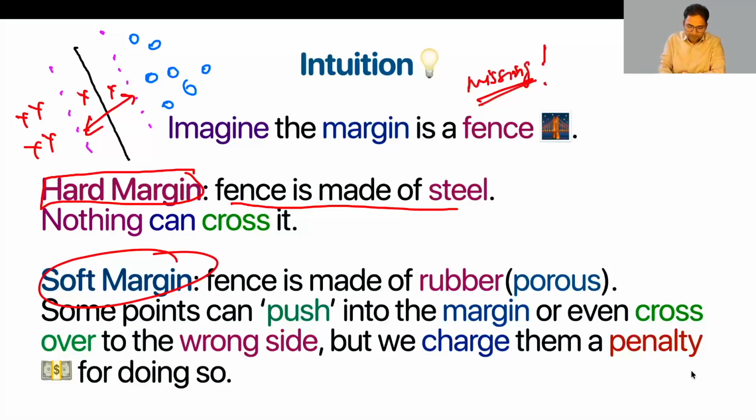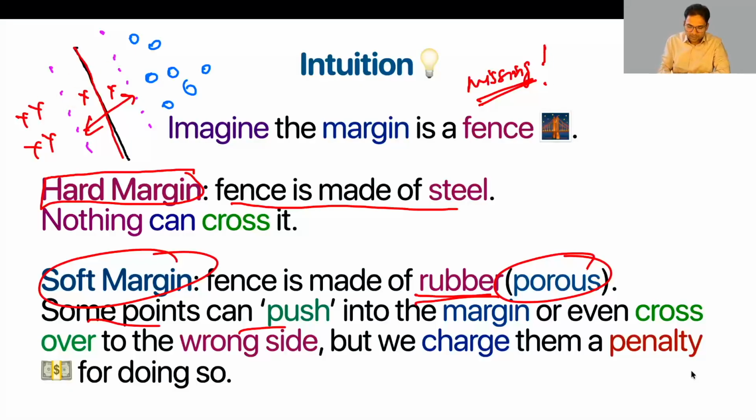This is a kind of porous boundary. Let me show you. Some points can cross the margin and come to the other side, or it can even get into the margin here. It's okay, it's soft margin.